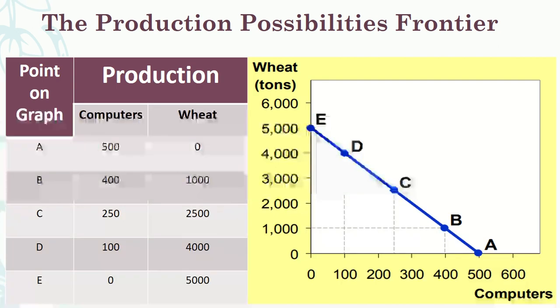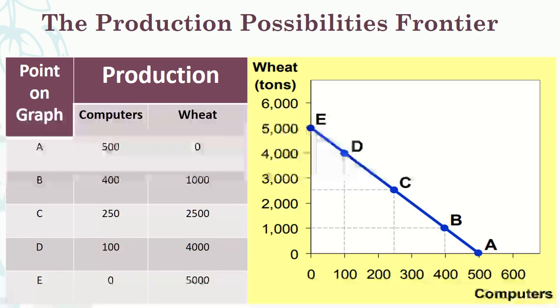Now, we graph this again, the different points on the graph here, 500 computers and 0 tons of wheat. All the different combinations go all the way down to 0 computers and 5,000 tons of wheat. And you can see here, these are the points on the graph.